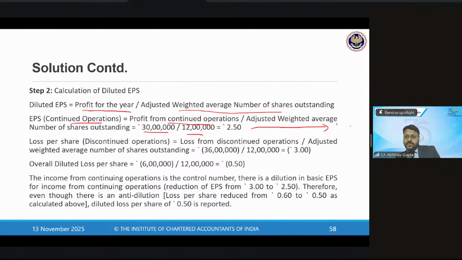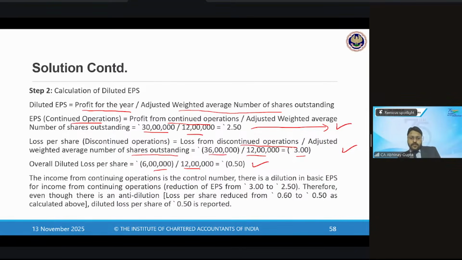Our answer here is also correct. Now, loss per share, discontinued operations: loss from discontinued operations divided by adjusted weighted average number of shares. So 36 lakhs by 12 lakhs, 3. Here also the answer is correct. Overall, 6 lakhs divided by 12 lakhs. Here also the answer is correct. So for scenario one, our basic as well as diluted earning per share is correct. Now, for scenario 2, we will see what we need to do.